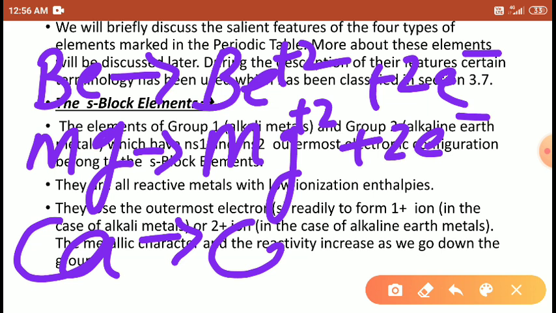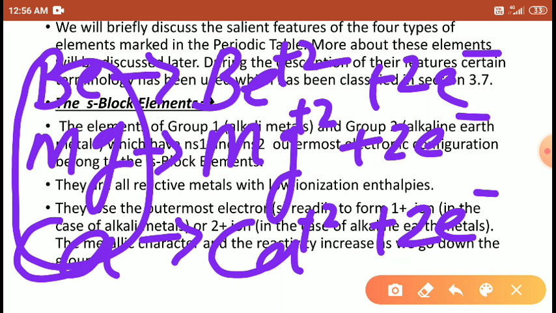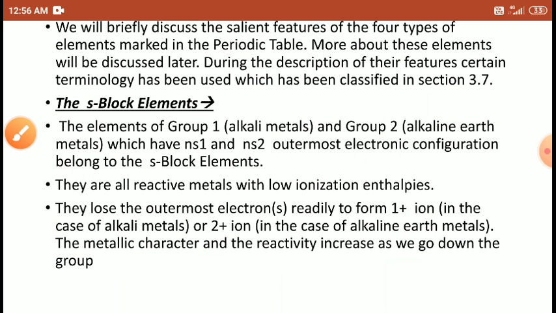Calcium turns into calcium ion by losing 2 electrons. So all these species lose 2 outermost valence electrons, and after losing them they attain the plus 2 oxidation state. Right, friends?